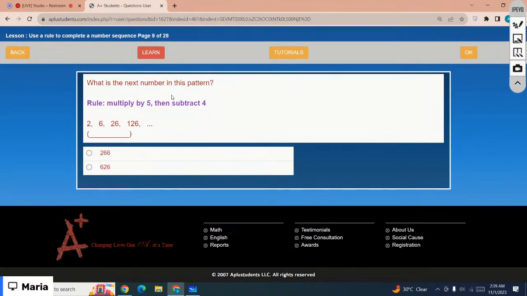You have to, okay, subtract 4. So that would be 626. The correct option is 626.